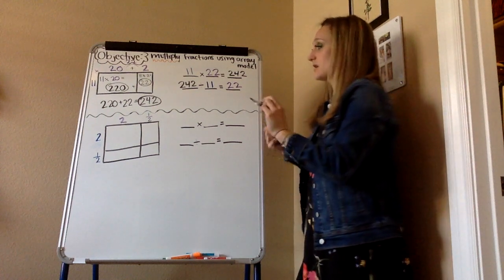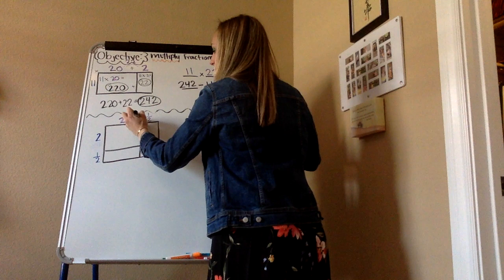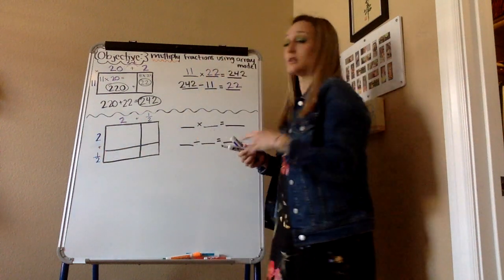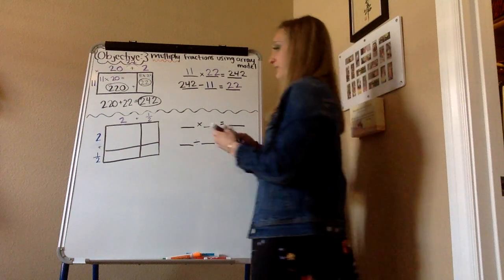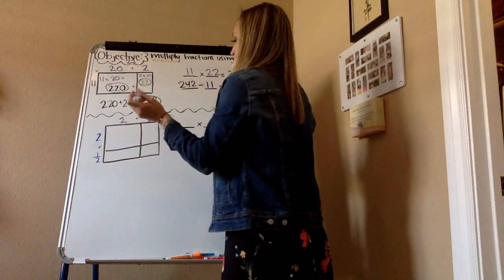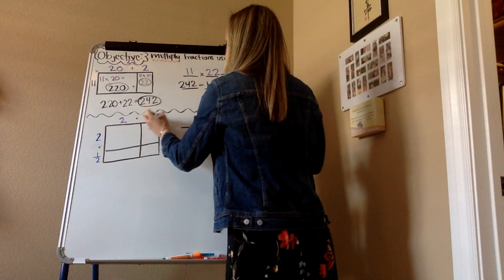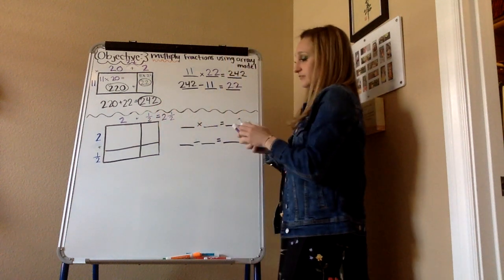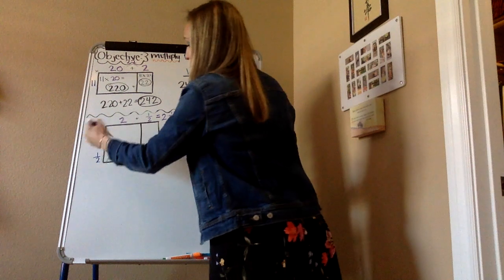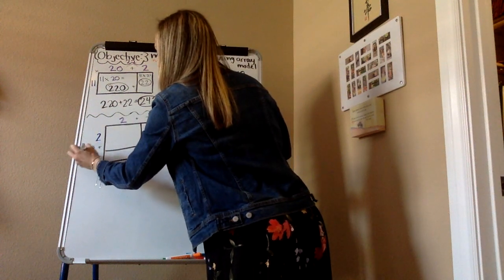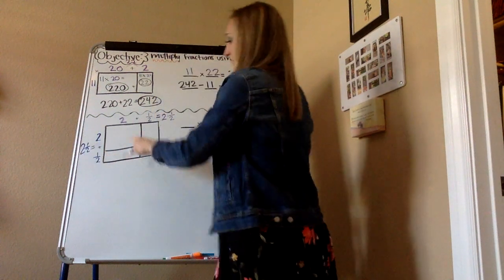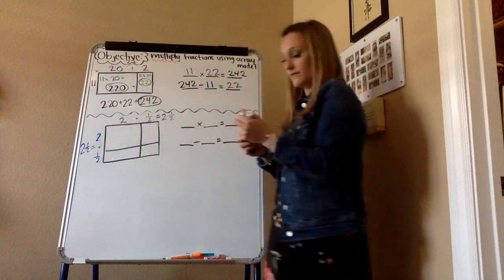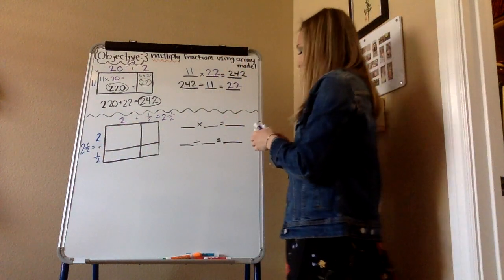Now, what I need to remember is that these numbers are split into their place value. So that is the same thing as 2 and 1/2. And this is the same thing as 2 and 1/2 as well. Okay, so 2 plus 1/2 is 2 1/2. 2 plus 1/2 is also 2 1/2.